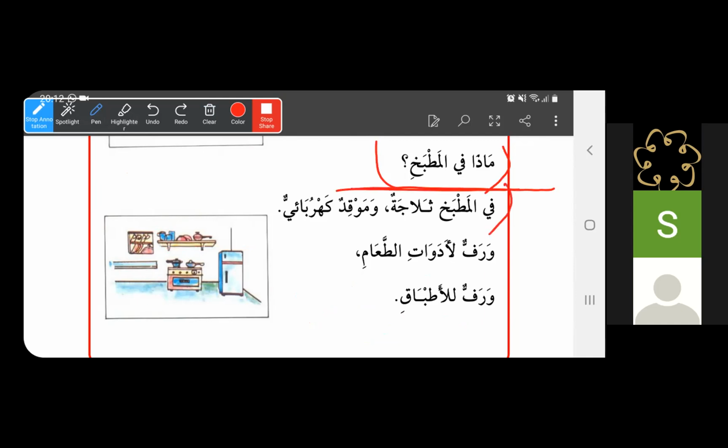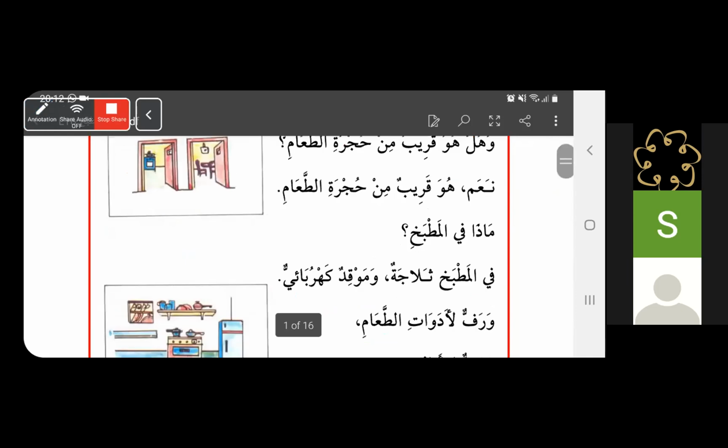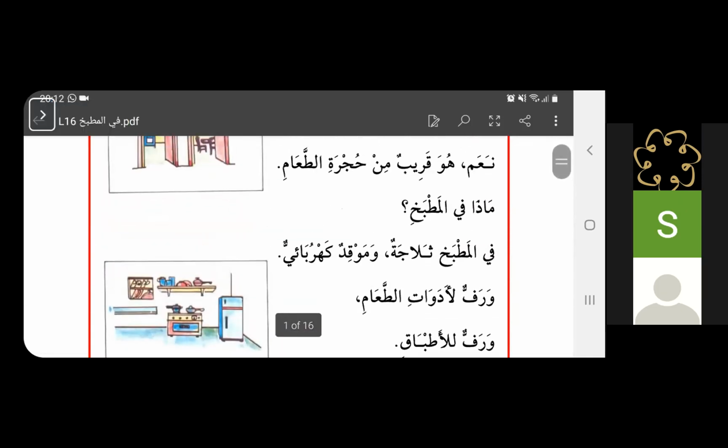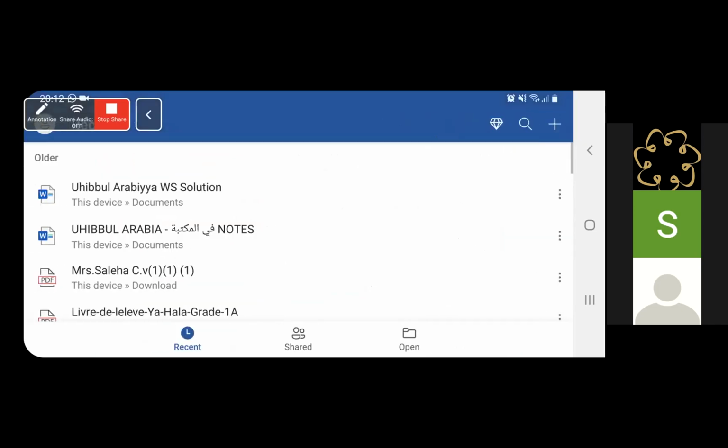Now let's see the answer. They are starting the answer with a preposition. في المطبخ. Here they said طيب, it's coming the next one. All right. So what I understood is that when there are many things you want to mention, you want to say in the kitchen, you have this and this, then it is better to start your sentence with the preposition.